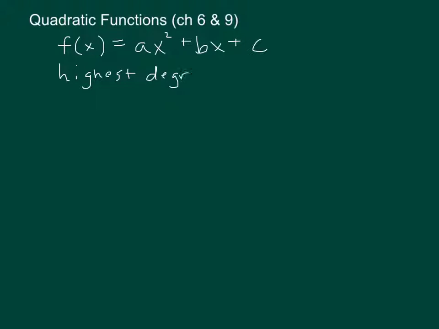Degree is the highest power, but whatever. That's how we identify what it is. And what does it look like when we graph it? It looks like a parabola, either happy or sad, and that all depends on whether the leading coefficient is positive or negative.